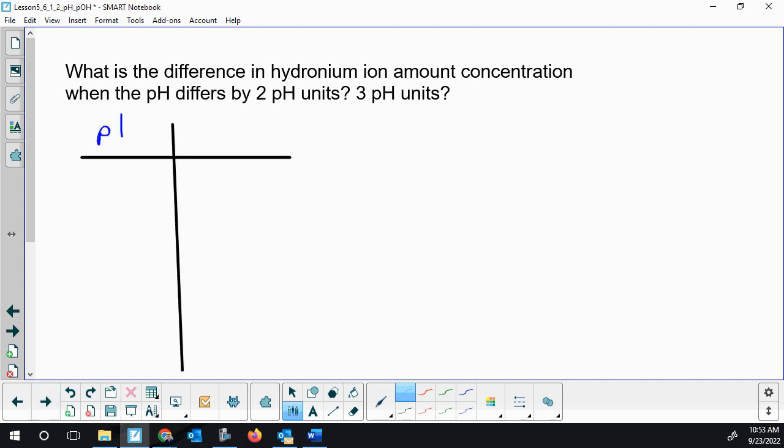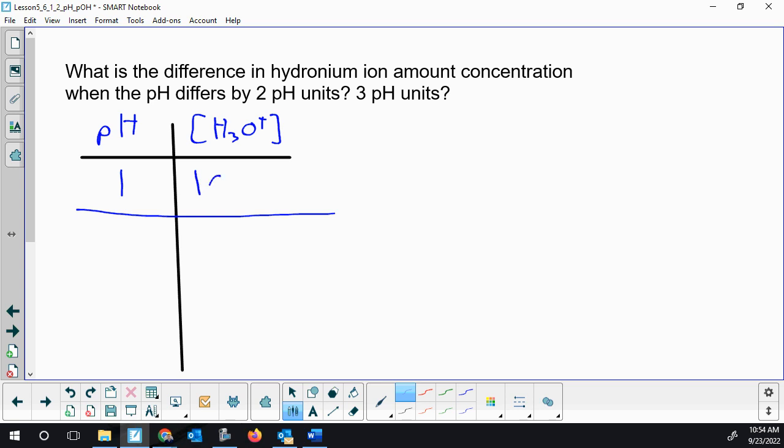So we're going to look at how pH causes a variation in hydronium, particularly when we change by 1 full unit. So I'm going to start with a pH of 1. What would the hydronium ion concentration be?